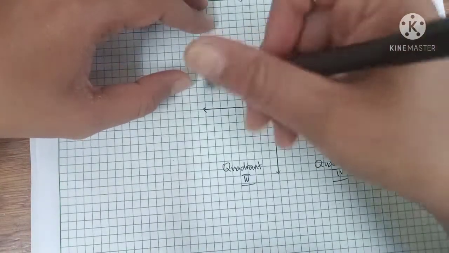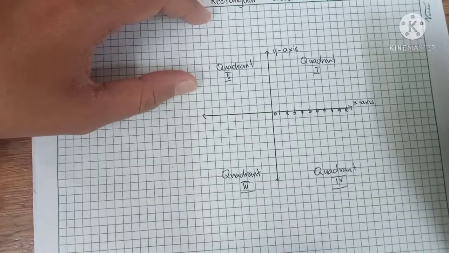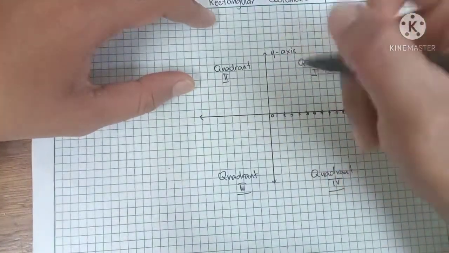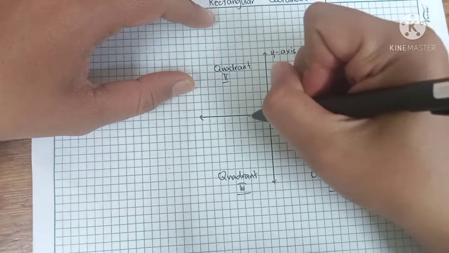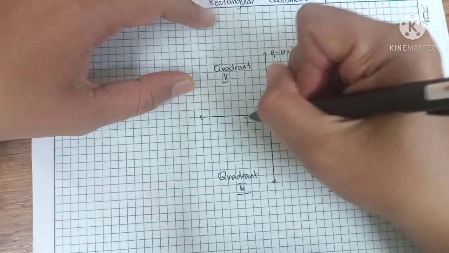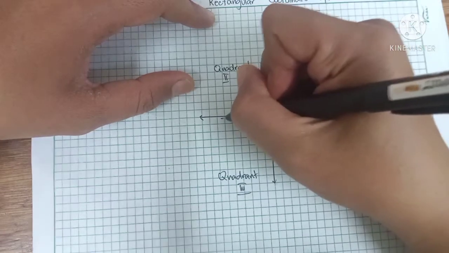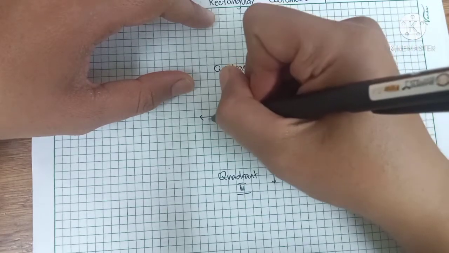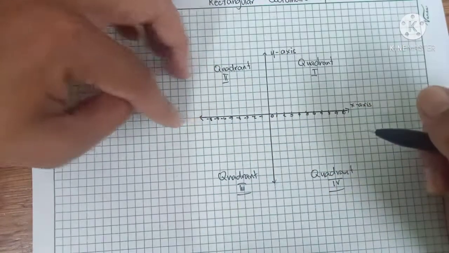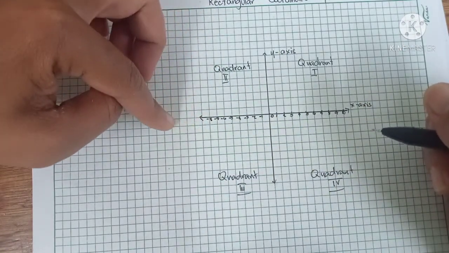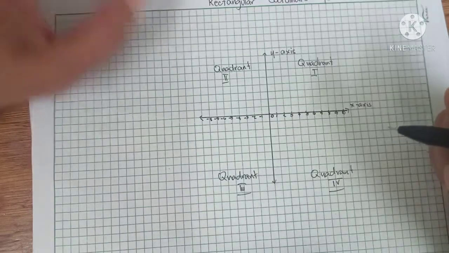From 0 going to the left are negative numbers. This one here is negative 1, negative 2, negative 3, negative 4, negative 5, negative 6, negative 7, negative 8, and so on. We have negative 9, negative 10, negative 11, negative 12, and so on.